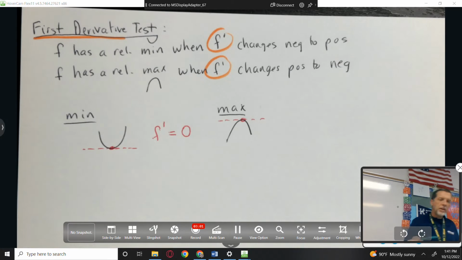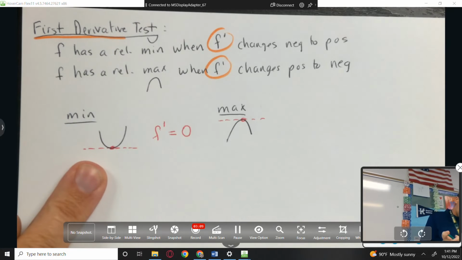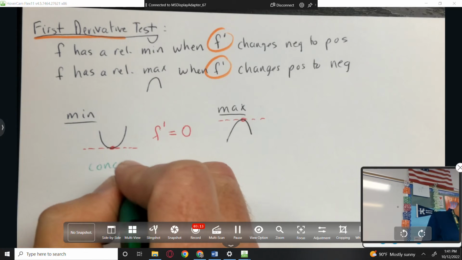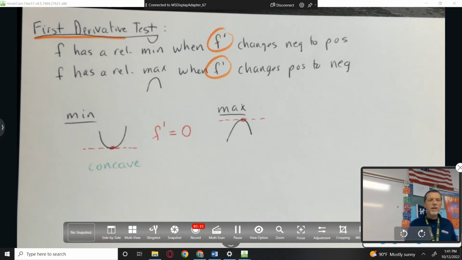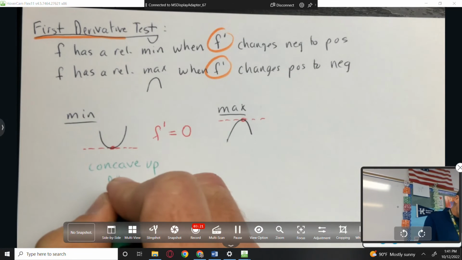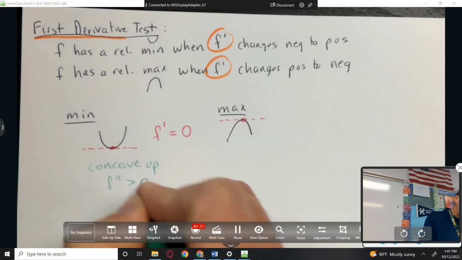But now that we know about concavity, second derivative stuff, what would you say about the concavity at the minimum? Is that concave up or concave down? Concave up looks like a cup. So that means the second derivative is positive.